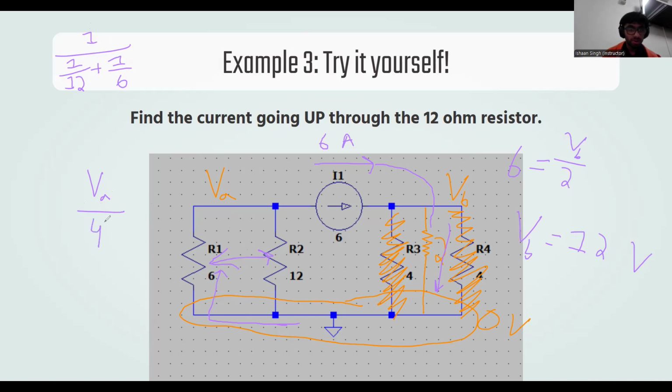So VA over 4 equals 6. So VA equals 24 volts. So now we know the voltage right here is 24 volts. And that means the current down here is 24 above minus 0 below over 12, which is equal to 2 amps. I'm going a little fast, I know.